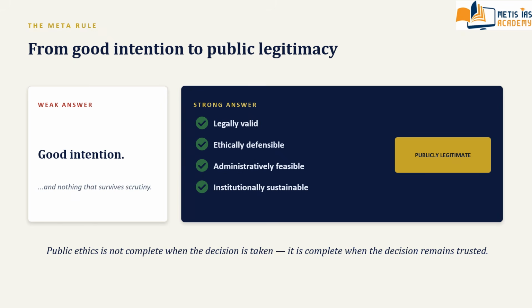Public ethics is not completed when the decision is taken. It is completed when the decision remains trusted. So a strong answer should be legally valid, ethically defensible, administratively feasible, and institutionally sustainable, and that leads to being publicly legitimate. Public ethics is not complete when the decision is taken. It is complete only when the decision remains trusted.